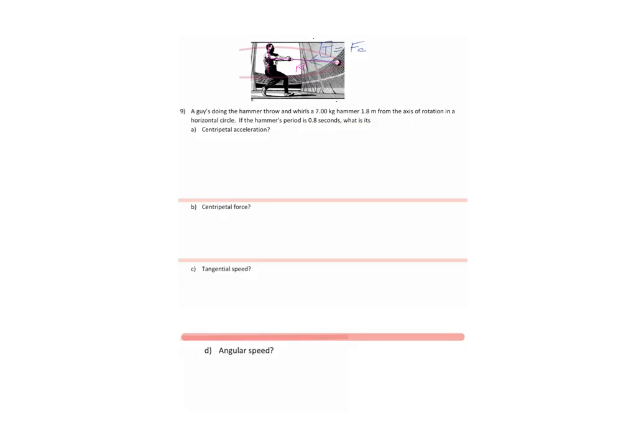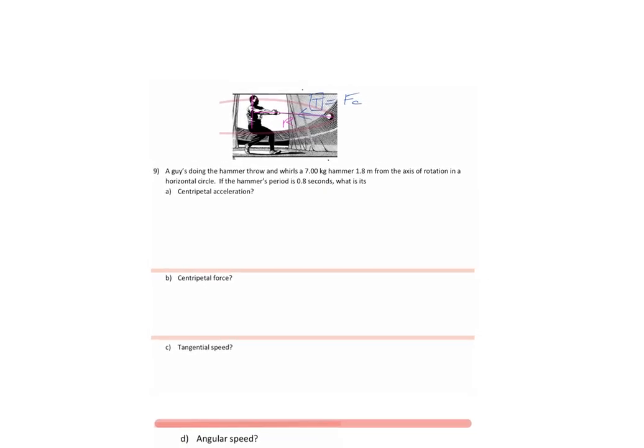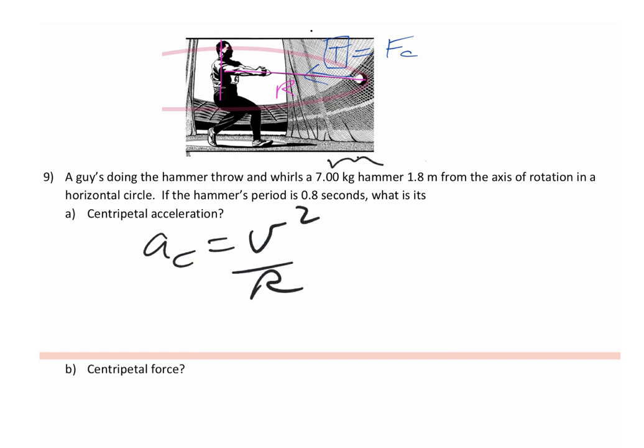Okay, this one's really straightforward. Centrifugal acceleration. AC equals V squared over R. Let's see, I don't have V. I got mass, I got the radius, and I got the period. So V equals 2 pi R over T again. So V squared equals 4 pi squared R squared over T squared.